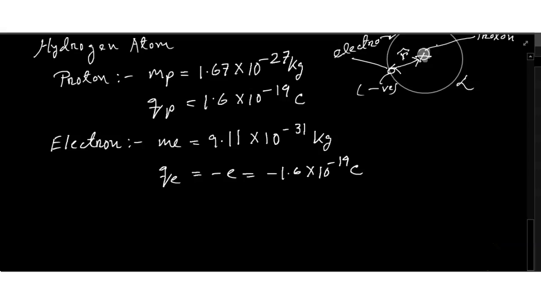Let's now turn to the charges. We see that the proton and the electron have opposite charges of equal magnitude. Let's first assume that the proton and electron are classical point particles.